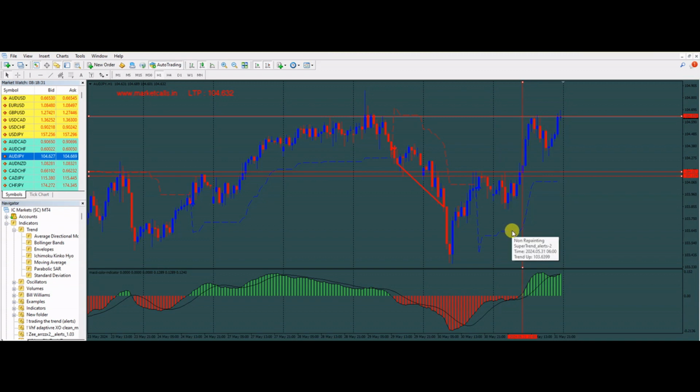The Supertrend is still saying that the market is going up, and here the price has broken above the horizontal line, and we have the MACD also pointing in the upward direction. So this fulfills our market analysis. So we have a valid signal, and our stop loss is at the slightest swing low.